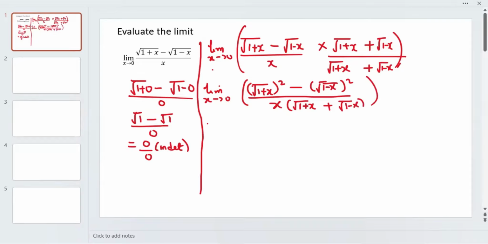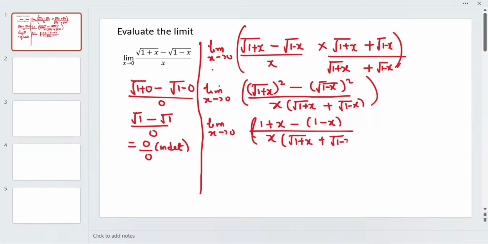So this gives me the limit as x tends to 0 of (1 plus x) minus (1 minus x) over x into square root of 1 plus x plus square root of 1 minus x.